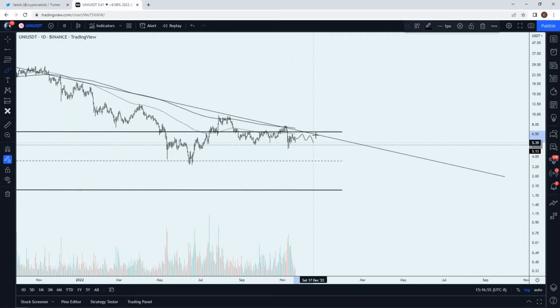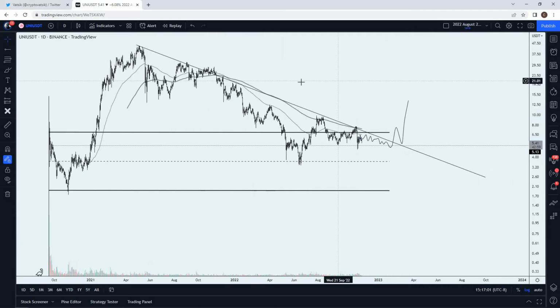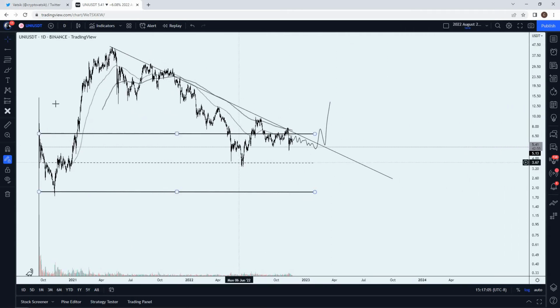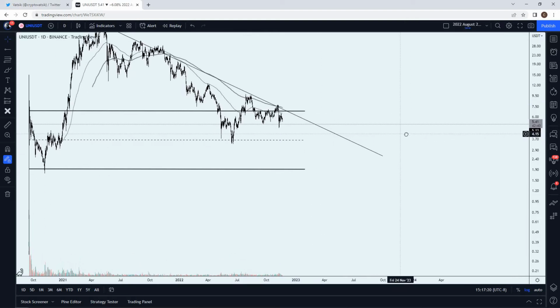If we do start to pinch price right below this diagonal, then I'll be closely watching a breakout, and potentially we can have that later this year, early 2023, and that would signal that this is potentially our bottom, and that's fine. I don't want to be too pessimistic and think this is going to come back down and make new lows for everything.